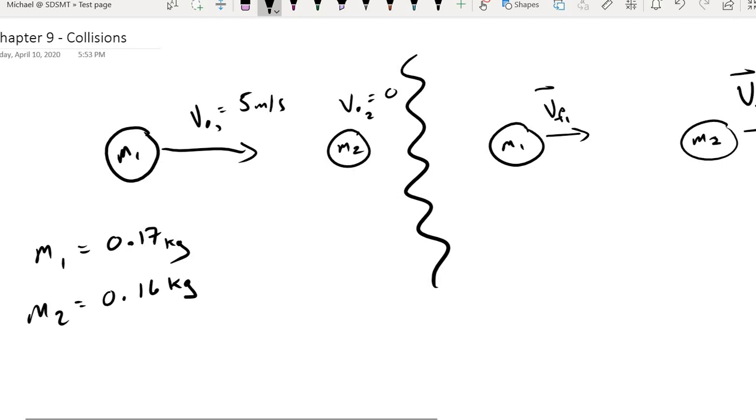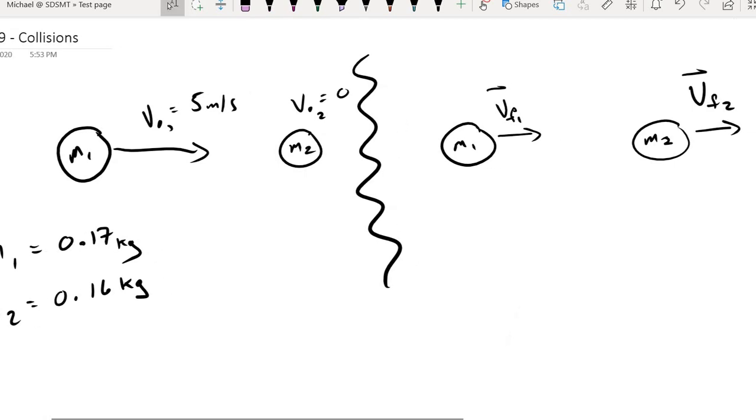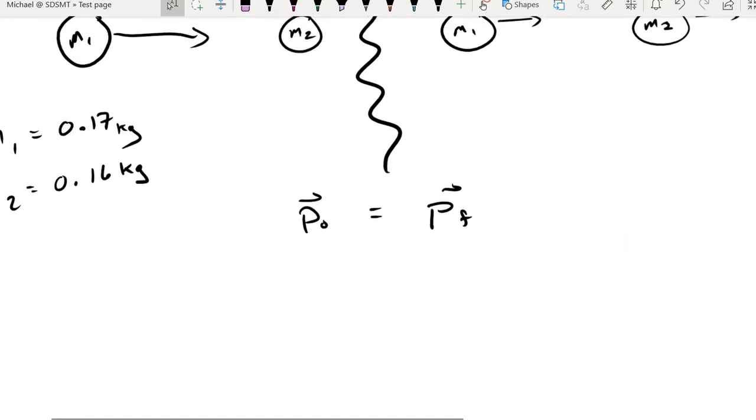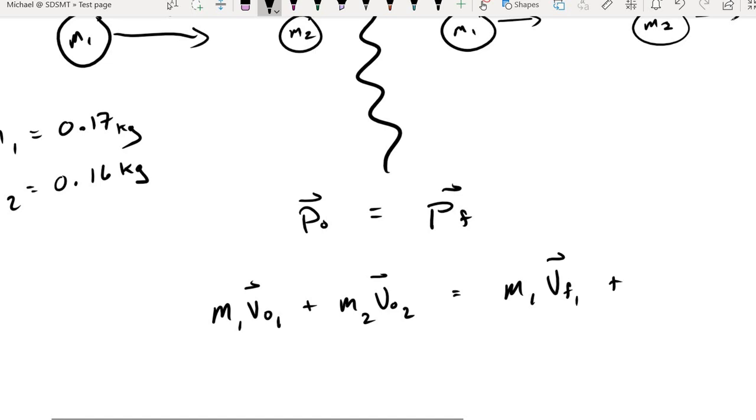But before and after this collision, we would have to conserve the momentum of the system. And so we would write out the momentum for the cue ball and the 8 ball before the collision, and numerically that would have to equal the final combination, whatever that happened to be.